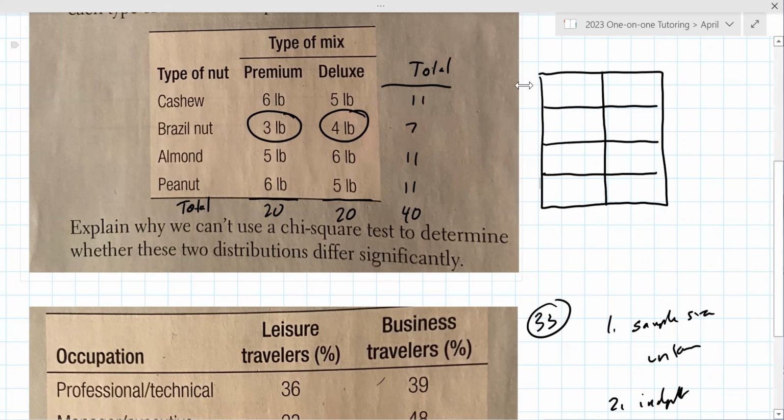The formula is easy, but it's having the calculator do it: the row total times the column total divided by the grand total. Yeah, we did go over that a little bit, but there's probably a way to do it with matrices that we didn't cover. So this top left cell is 11, the row total times 20 divided by 40. Does that formula sound familiar?